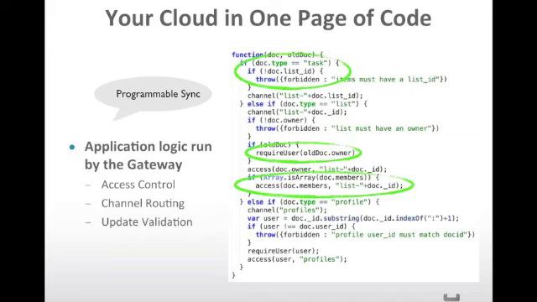So, as I said, we were working on this API for a long time, and the goal was to make it so that your entire backend, at least as far as the data that syncs is concerned, from the standpoint of a greenfield app where the data is generated on mobile devices, you really should be able to do your whole backend in one page of code for the 80% case, and then potentially add on additional stuff for things like push notifications or sending an email when a new user signs up.